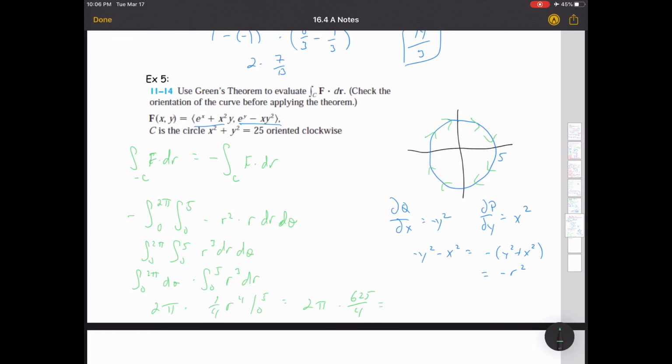So what is that going to come out to be? 625 pi over 2. 625 pi over 2. And there you go.